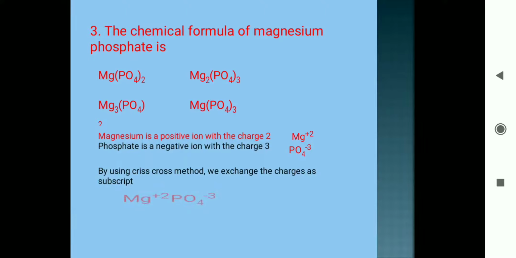By writing like that, the formula will be written as Mg3(PO4) taken twice. So the correct answer is second option.